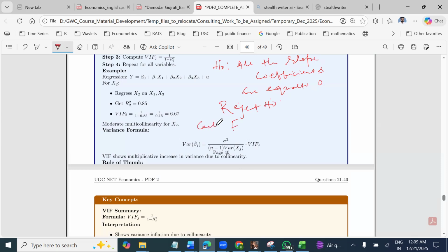If the calculated F value is greater than the critical F value, then the conclusion is you will reject the H naught. Okay. And Madhusita, how will we calculate F? What is the formula?